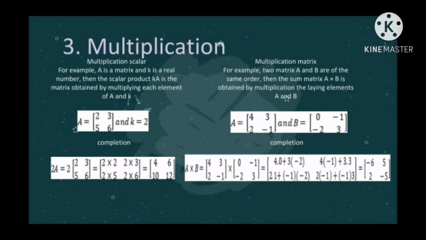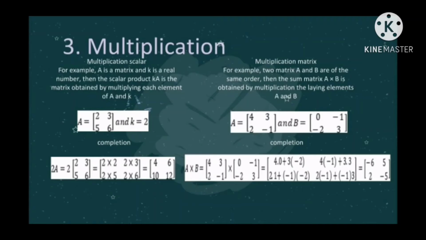Then the scalar product KA is the matrix obtained by multiplying each element of A by K. If matrix A is 2, 3, 5, 6 and K is 2, then 2A is 2 times the matrix 2, 3, 5, 6, which is 2 times 2, 2 times 3, 2 times 5, 2 times 6, which is the matrix 4, 6, 10, 12.